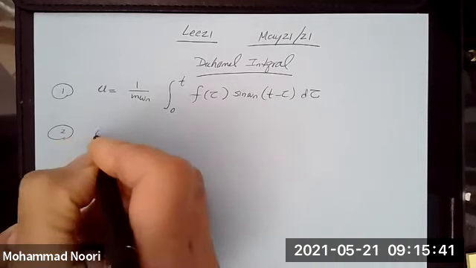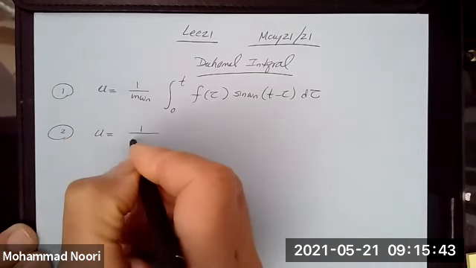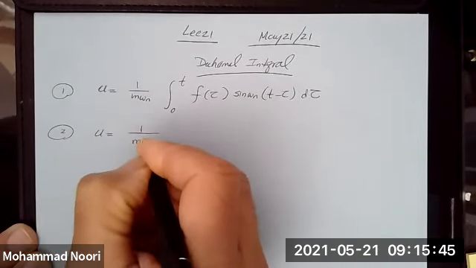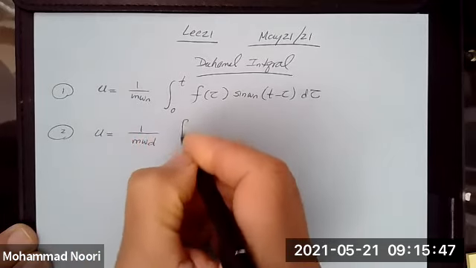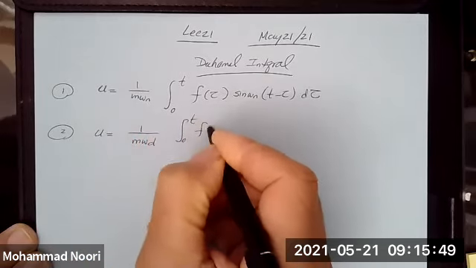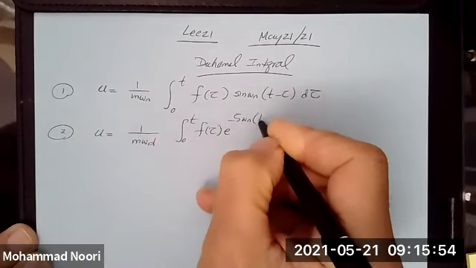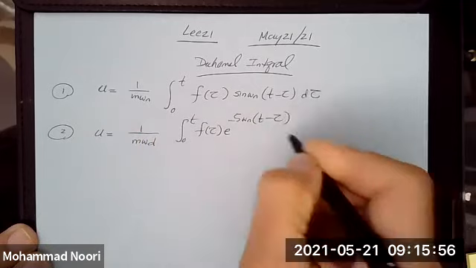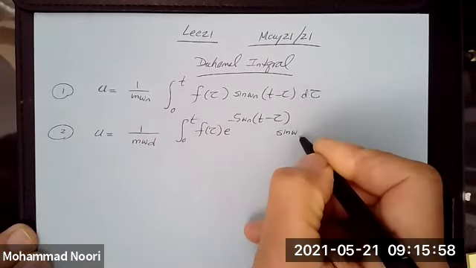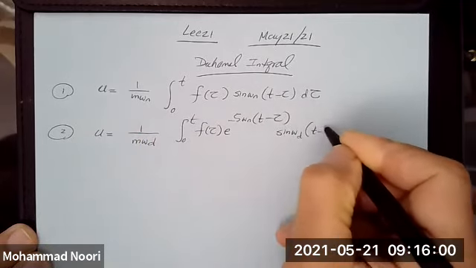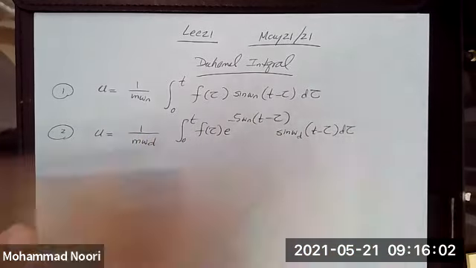And if the system was damped, the response was the solution to this integral, f(tau) e to the minus zeta omega n (t minus tau) sine omega d (t minus tau) d tau.